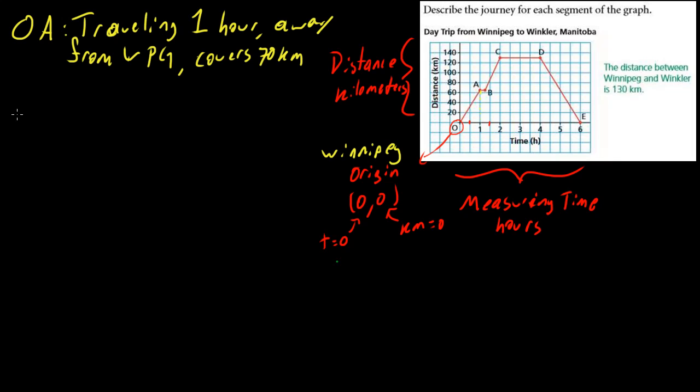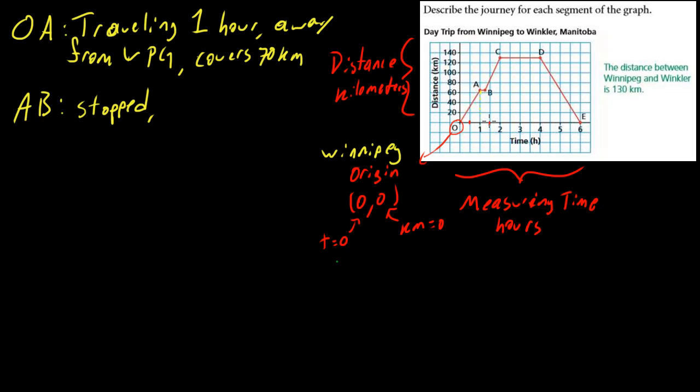Let's go to our next section, A to B. A to B, there's absolutely no change in distance, so they're stopped. I don't know where, but they're stopped for sure. And it looks like they're going for about half a square's worth.